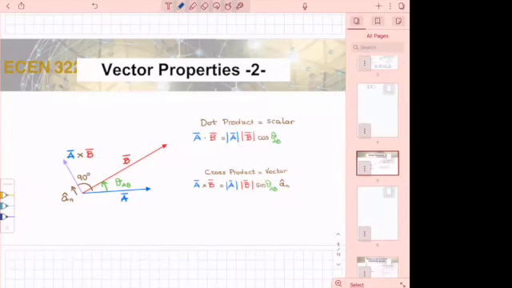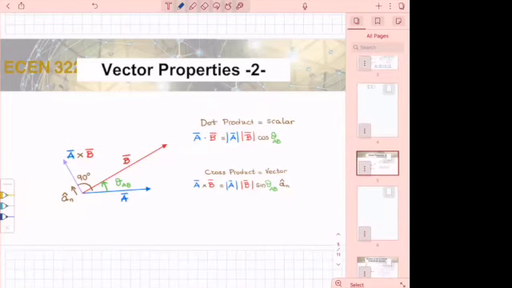Okay, cross product. The cross product is what kind of entity? Is it a scalar? It's a vector. Why is it a vector? It's very interesting. The difference between the cross product and the dot product is that in one, the dot, I have a cosine of the angle between the two, and the other has a sine.